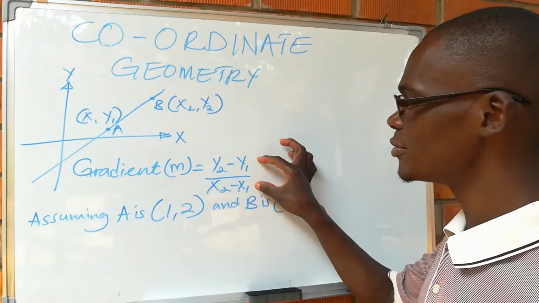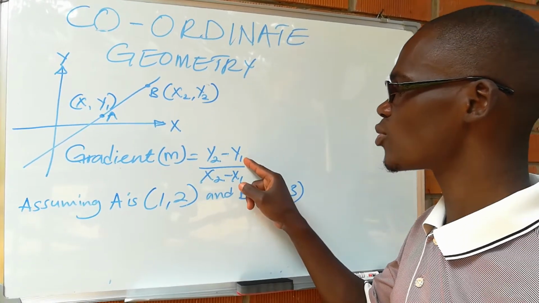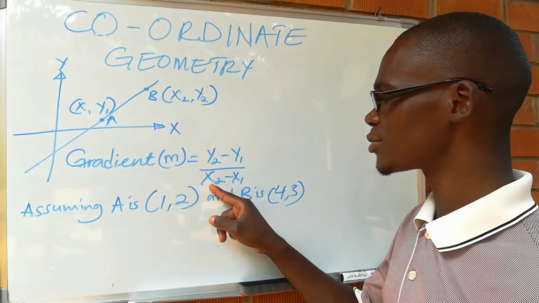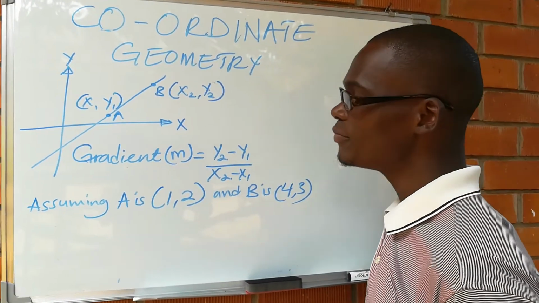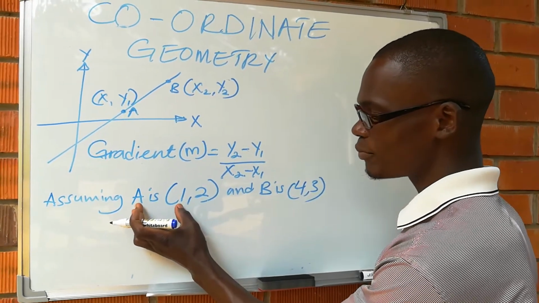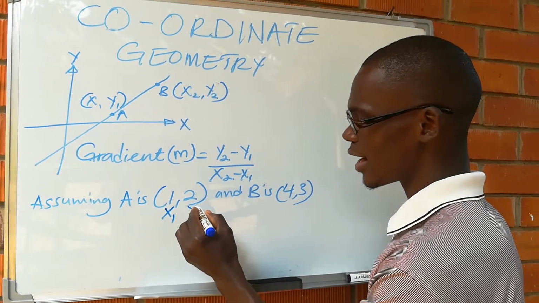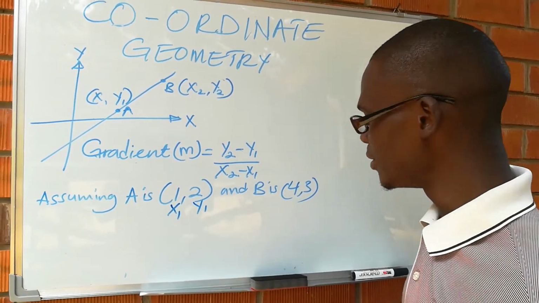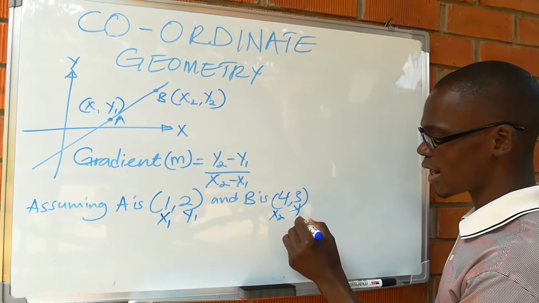From our formula, which says that gradient equals y2 minus y1 over x2 minus x1, we shall name our points. We can take point A to be having x1 and y1. Then point B will be having x2 and y2.